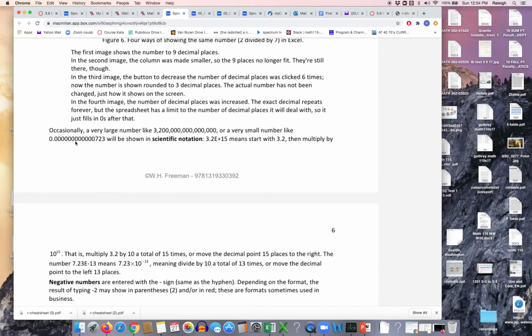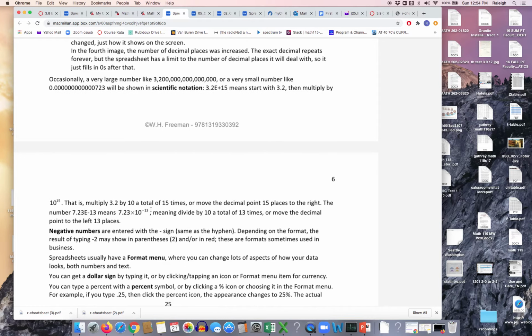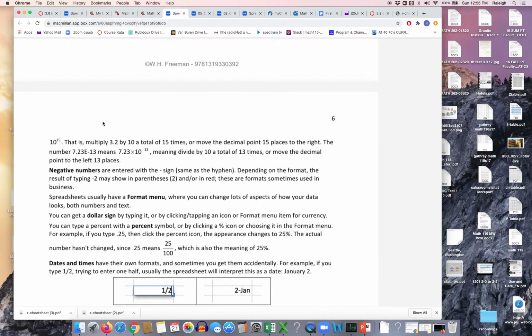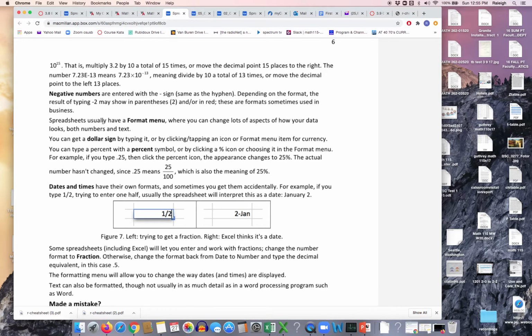Small numbers, such as this number here, like the width of an atom or something like that, could be very small. They use the negative number here, e minus 13. It's 10 to the minus 13th. So you'd move the decimal to the left 13 places. And if you want to count the decimals there, you can until you get to the 7. Then that's where you would stop. But that's not fun at all.